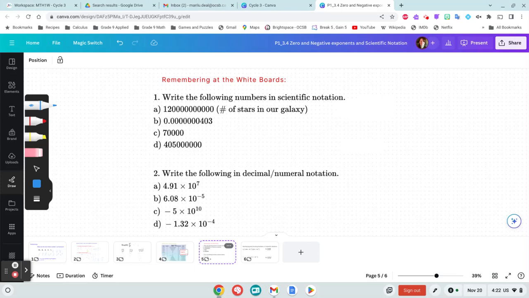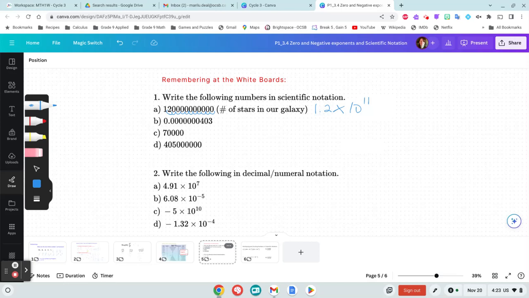So to remember, to put them in scientific notation, scientific notation means we're going to have a number with a decimal times 10 to a certain power. So I start all the way at the back and I move 1, 2, 3, 4, 5, 6, 7, 8, 9, 10, 11. So this is going to be 1.2 times 10 to the power of 11.